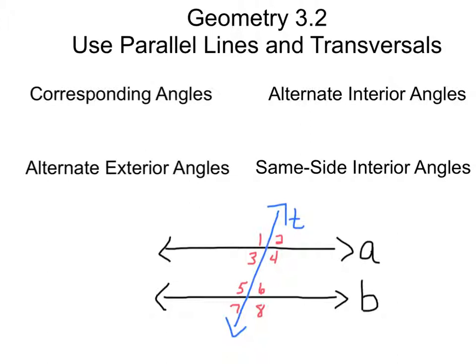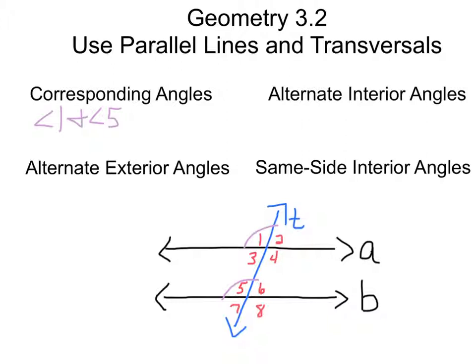Corresponding angles have corresponding positions. For example, angle 1 is in a corresponding position to angle 5 because they are both in the top left-hand corner of their groups. So we can say that angle 1 and angle 5 are corresponding angles.